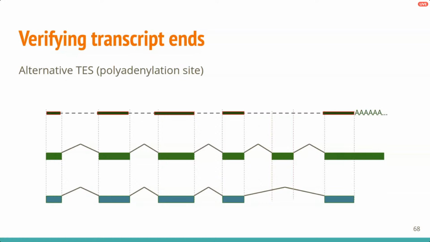And if you see that your poly-A tails are not where your annotated isoform ends, you can report a different transcription end site, and it's usually called an alternative polyadenylation site. But of course, for this type of event report, you need multiple reads having poly-A tails and ending at the same position, or nearly the same position.